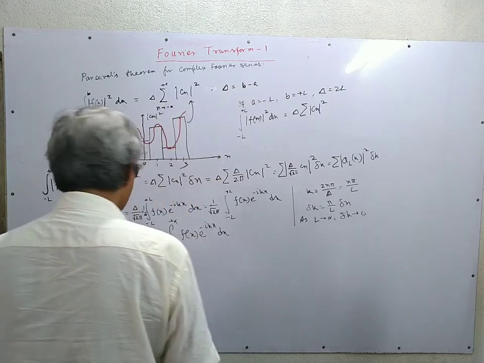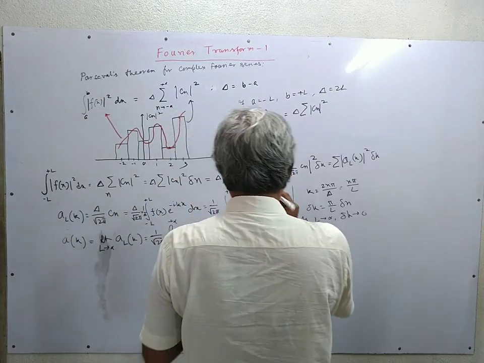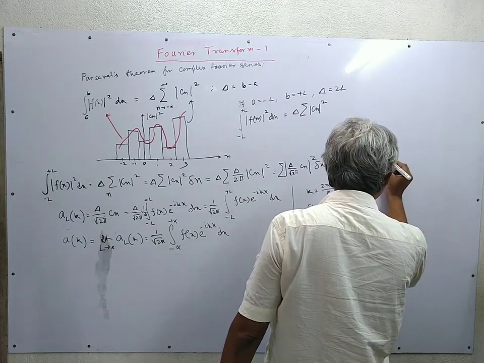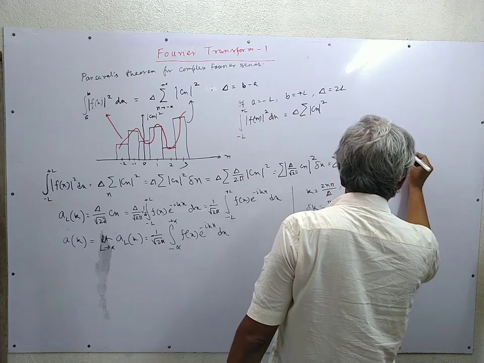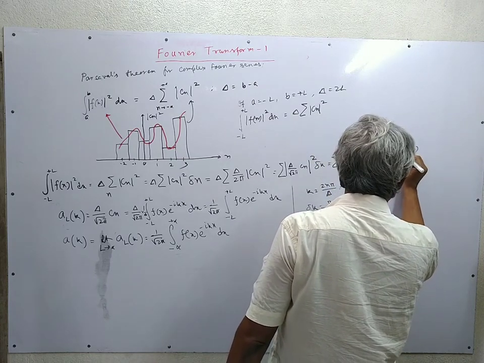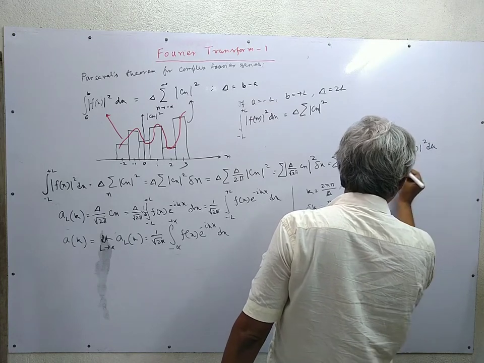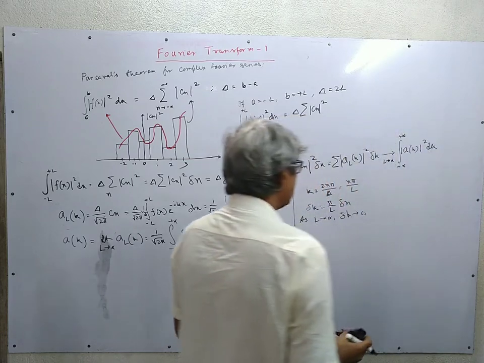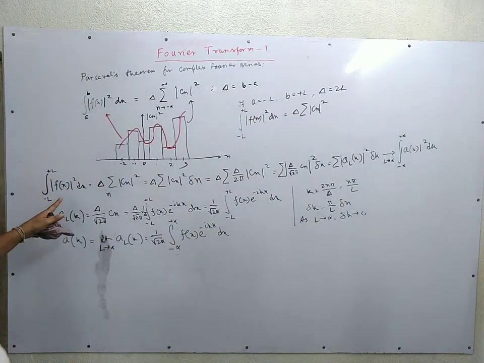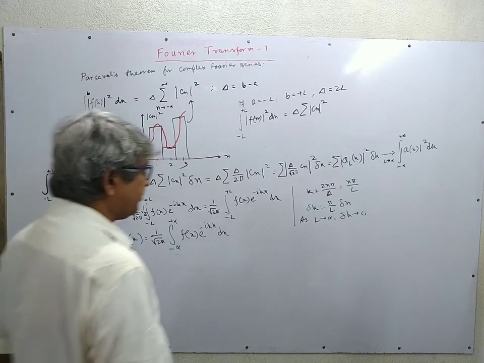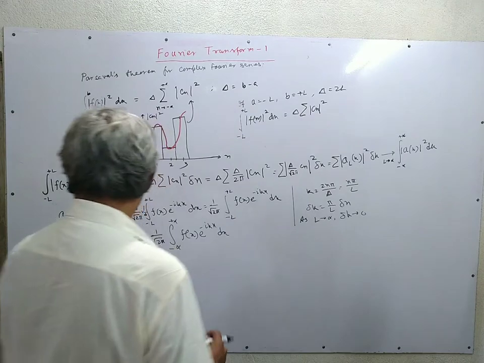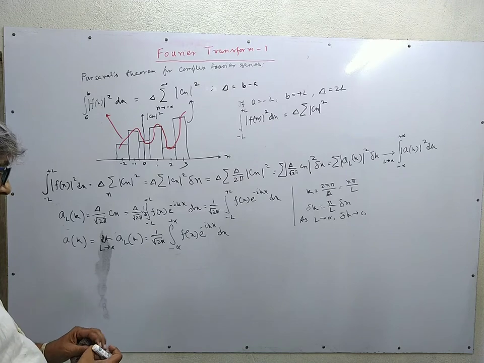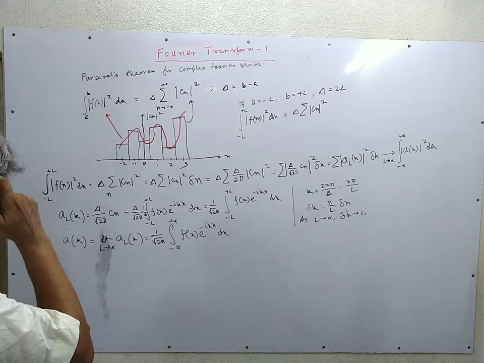So we write, let me consider this case when L tends to infinity. This is an integral over A of k square dk integrated from minus infinity to plus infinity. So this is the new form of Parseval's theorem. This quantity is equal to this, where we have defined A of k in this fashion. A similar expression can be obtained for f of x also.